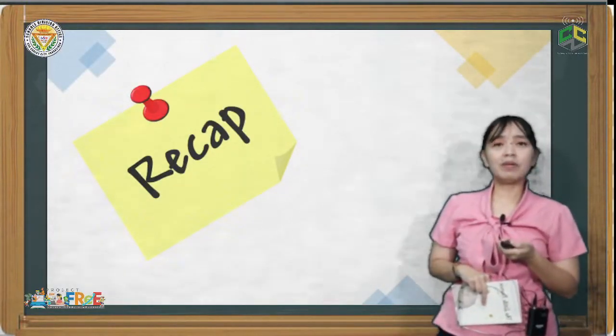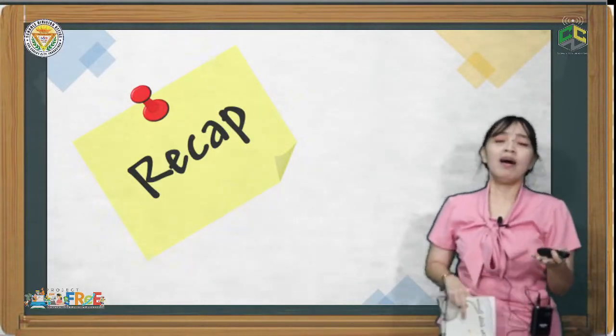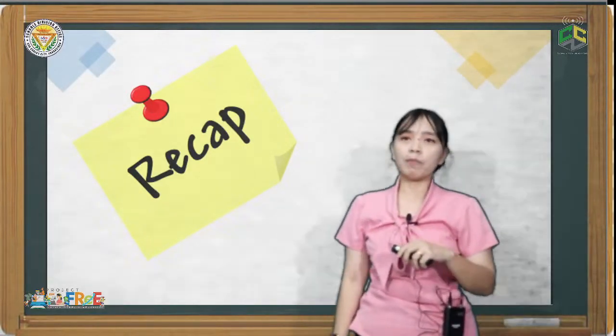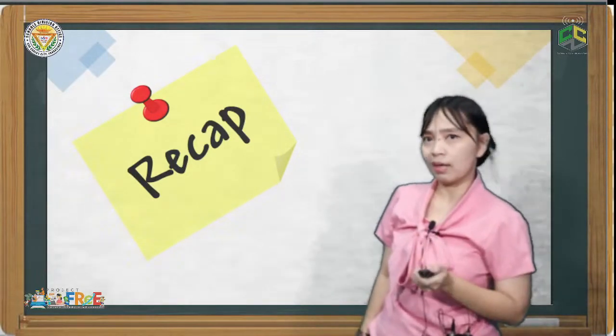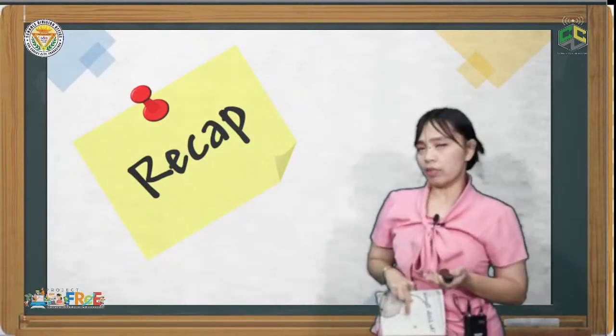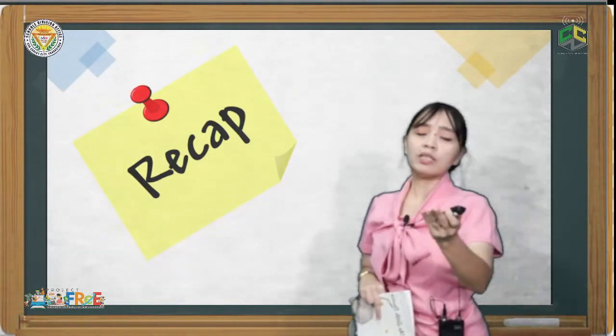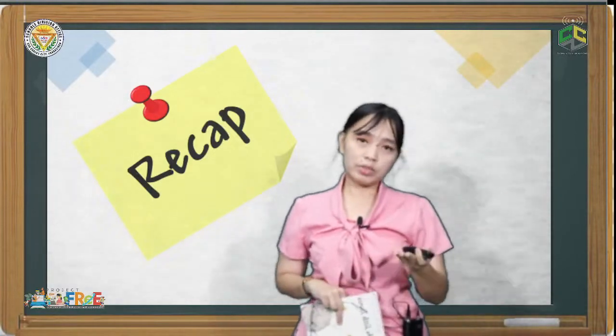And this time, if you don't have a question, I'm not seeing any question right now, I'd like to come up with a recap or the gist of what we have discussed today. During the onset of our discussion, I did mention the definition or the idea of writing a critique paper.